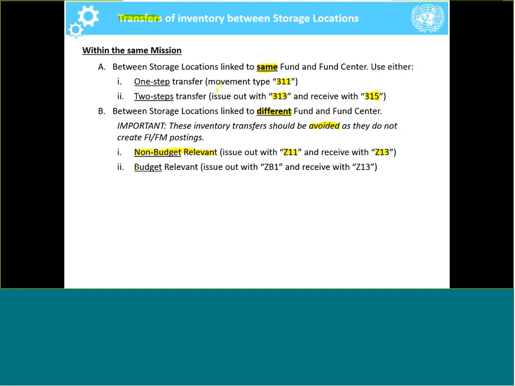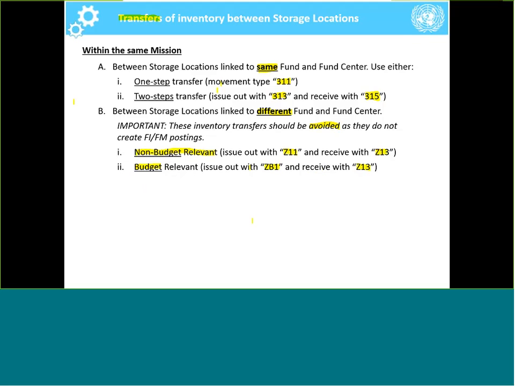And if we want to make it budget relevant, then there is a different movement type, especially for the issue out step. Instead of set 11, we will use set B1. The receipt at destination will still be set 13.